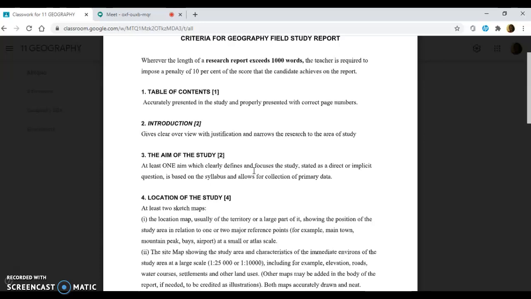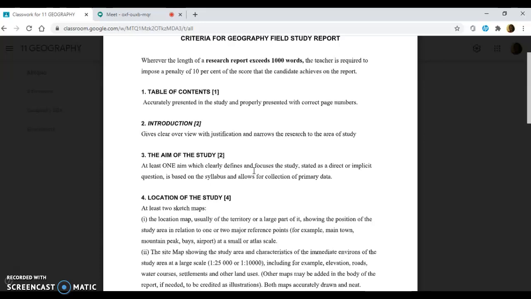So if your topic is tourism, your aim must be specific in narrowing what it is about tourism that I am going to study. For example, tourism is so wide. An aspect that can be studied from this wide topic, we can narrow it down now to the benefits associated with tourism, or we can say the impacts of tourism, right?